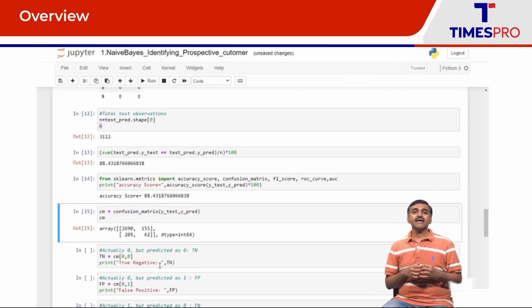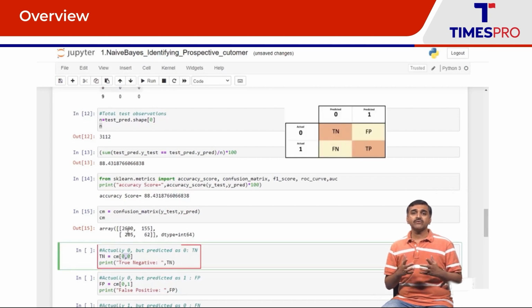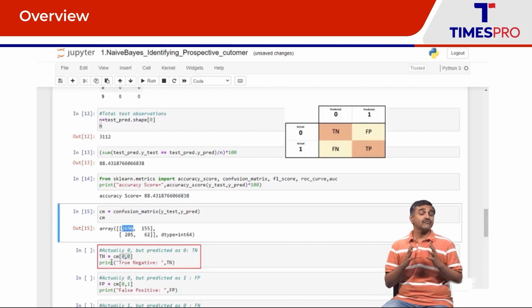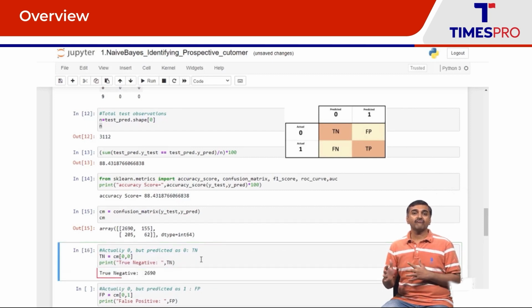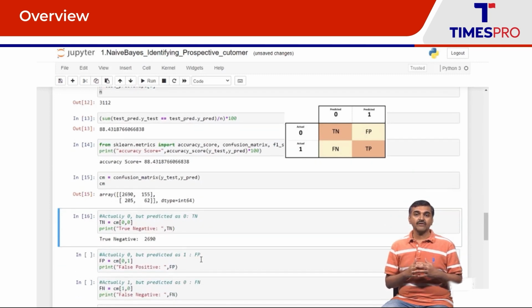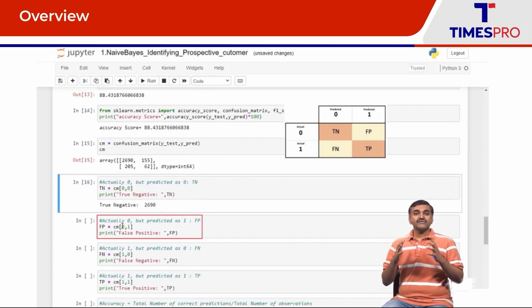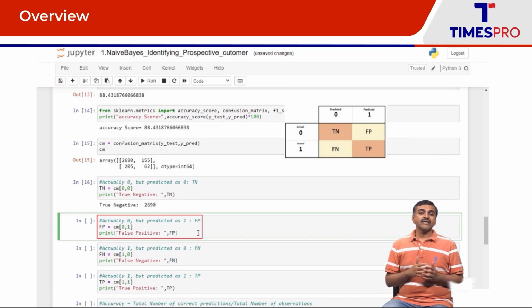Now let's take a look at more details in the confusion matrix. CM[0,0], the first value of my confusion matrix, gives me the true negative values. There are 2690 true negatives. CM[0,1] gives me the false positive value.